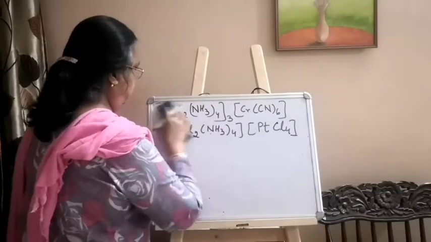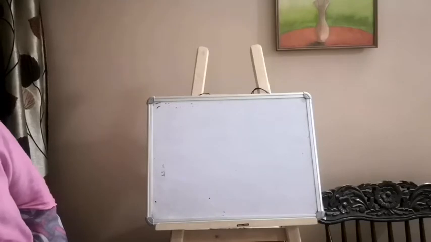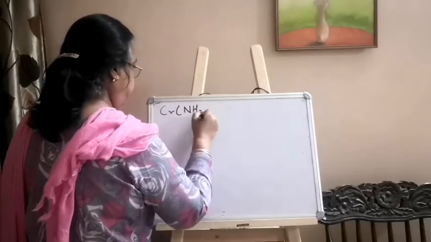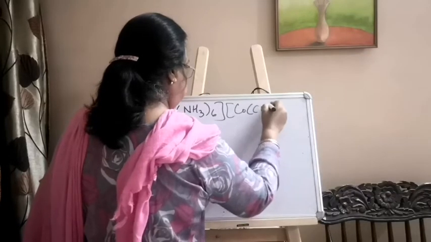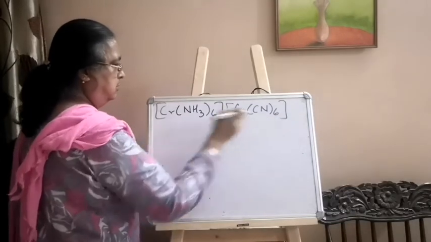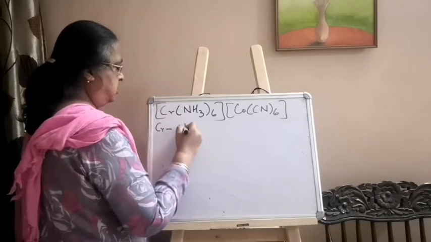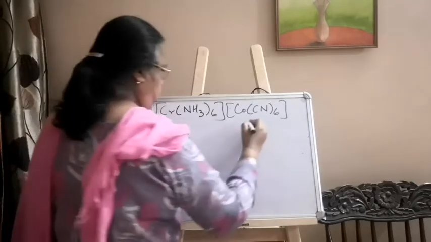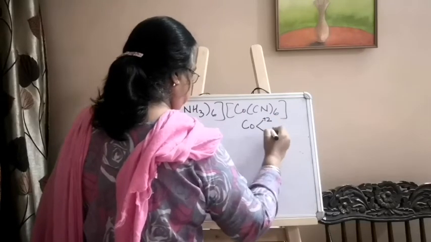One more example I give you of this kind, that is I have brought for you, that is chromium [Cr(NH3)6] and cobalt [Co(CN)6]. Again see, no number. So chromium common oxidation state is +1 and +3, and cobalt oxidation state is +2 and +3.